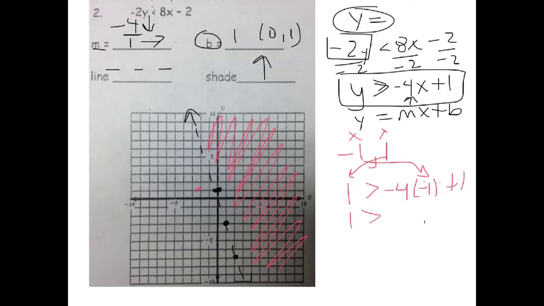So 1 is greater than -4 times -1 is +4, plus 1. 1 is greater than 4 plus 1 is 5. 1 is not greater than 5. So that is a false statement. Okay. Anything over here would make a true statement. Anything over here would make a false statement. On the line would also be false because it's a dotted line.